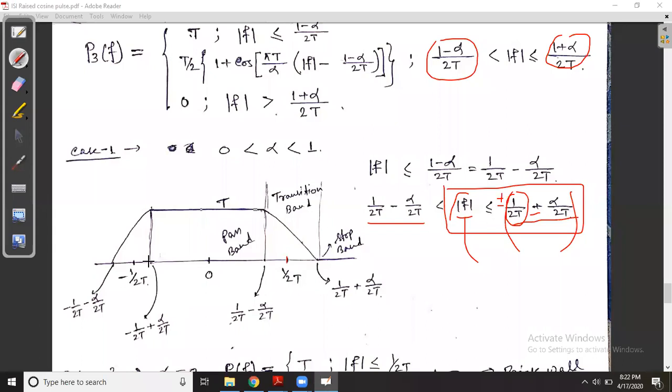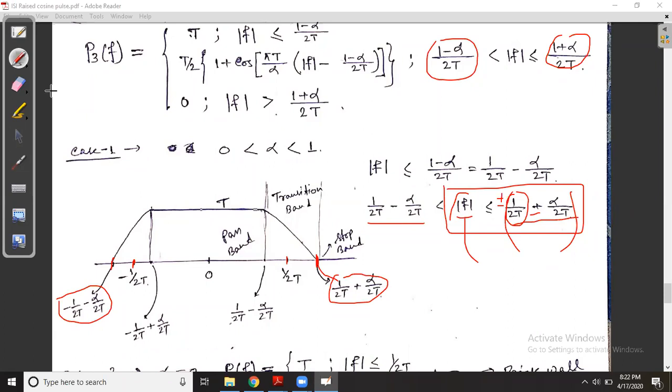Mod gives you a point on both sides of the origin.